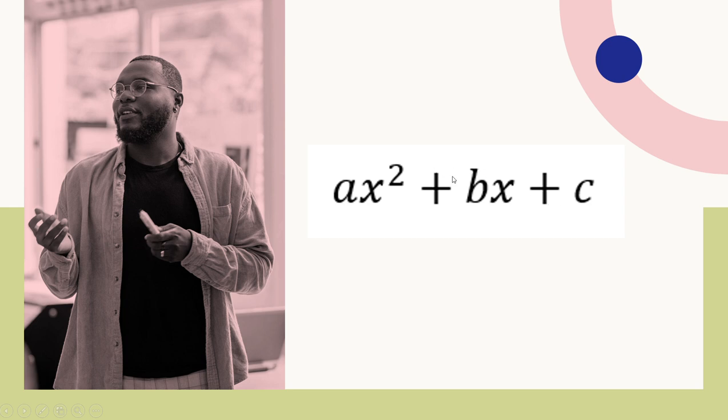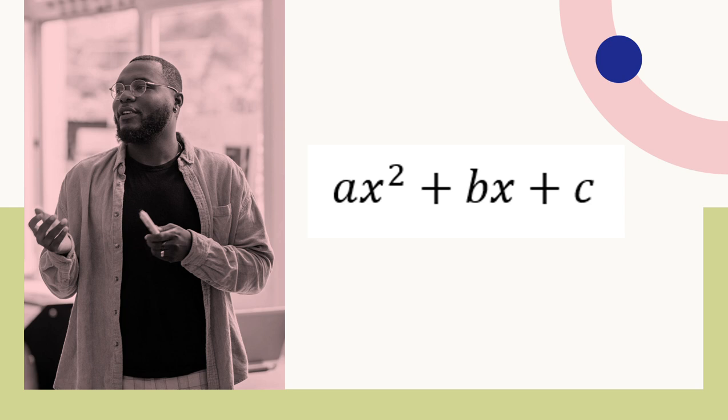The operations and the coefficients might change, but as long as you have 3 terms and the first one has an x squared, the second one has an x, and the last one is a constant, we call that a trinomial.